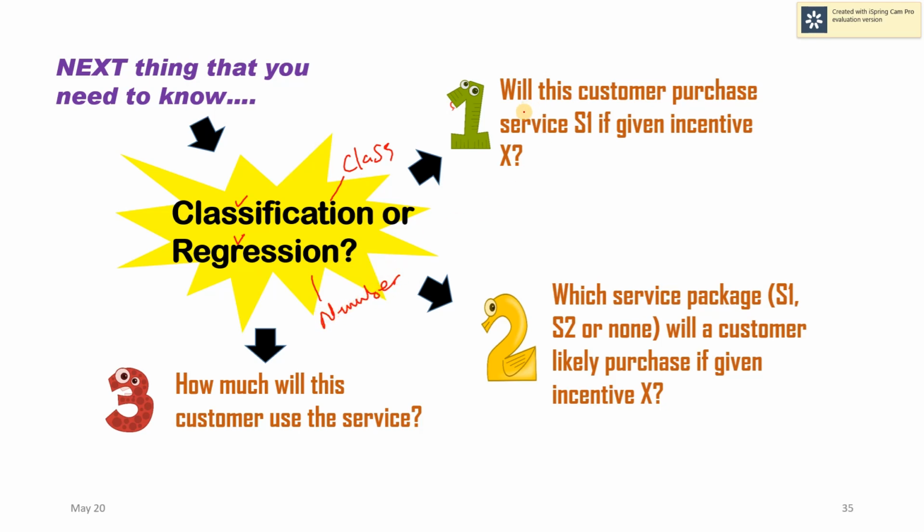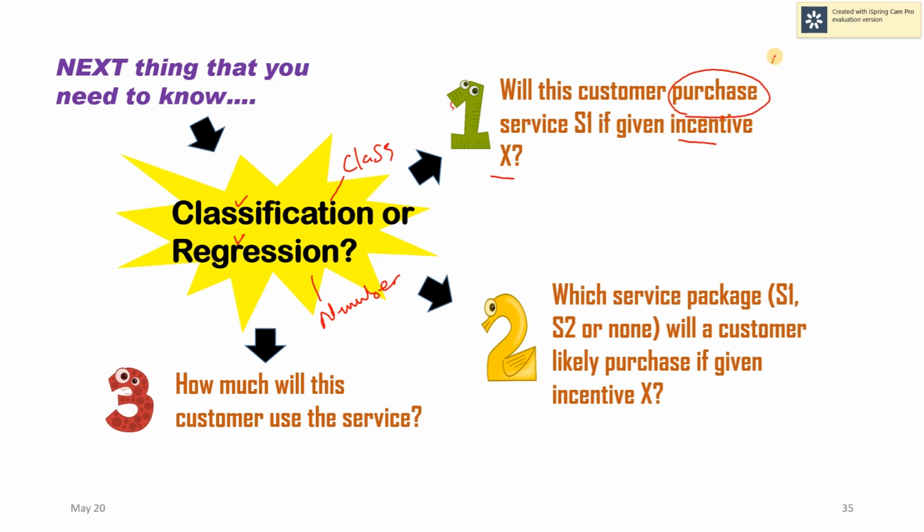So, for example, this question, will this customer purchase service X if given incentive X? Okay. Apa jawapan dia? Will this customer purchase service X if given incentive X? So, kita nak tahu apa kat sini?